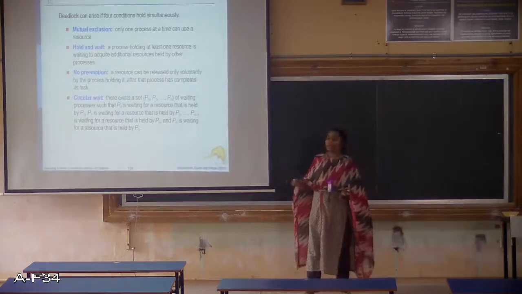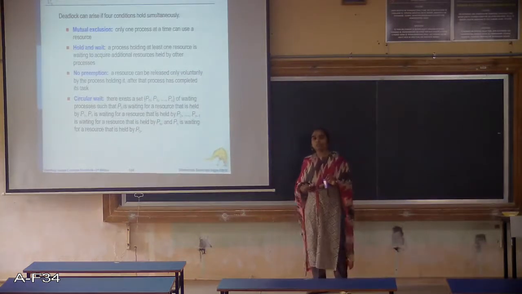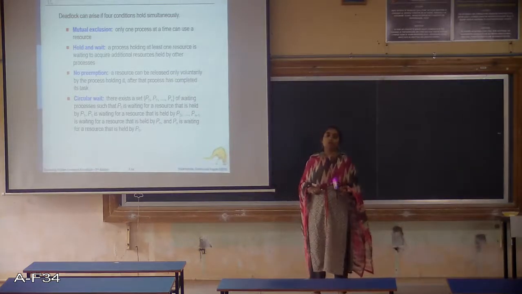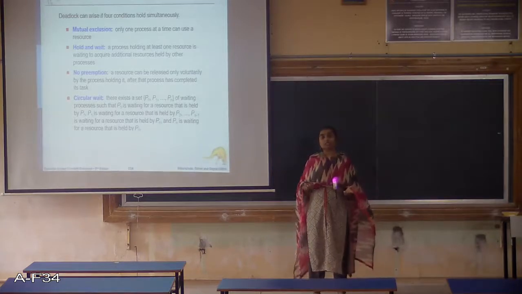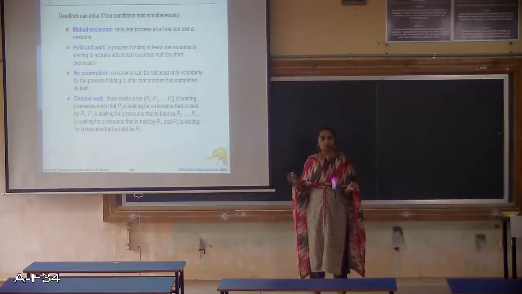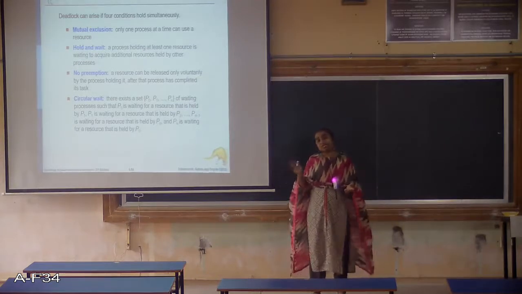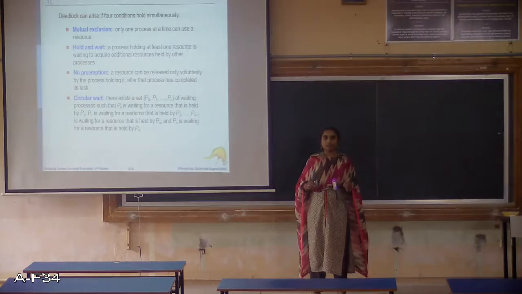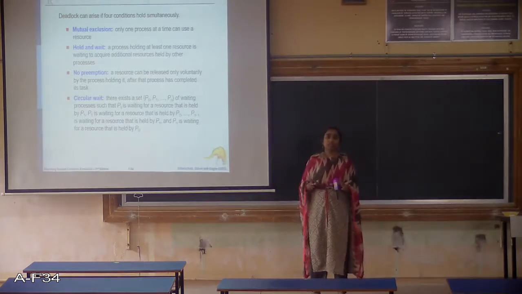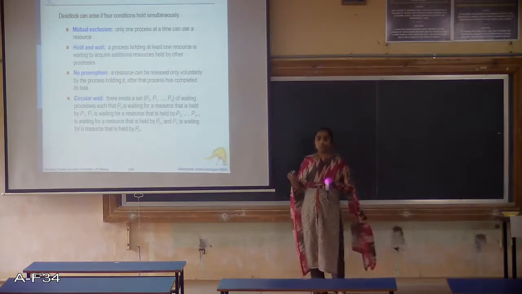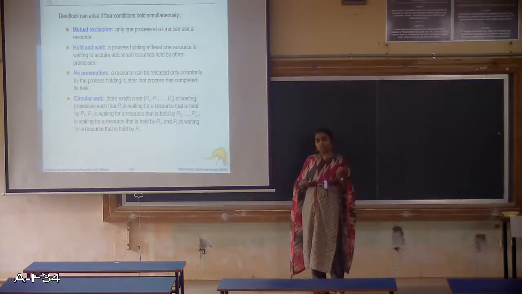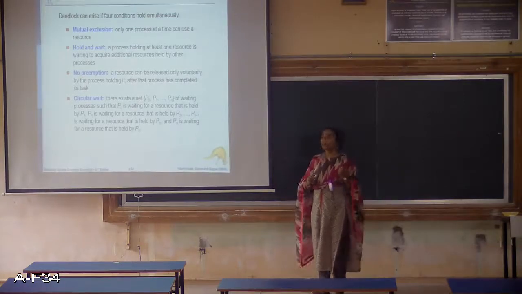That's what hold and wait is. Suppose process P1 is holding a resource R1 and it is requesting another resource R2 which is held by a process P2 that is also in a waiting state, then what happens? Previously we saw P0 and P1 both waiting for each other to release the resource that the other one had. That is hold and wait: holding a resource and waiting for another resource.